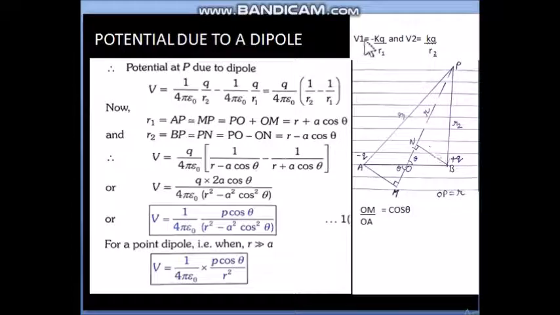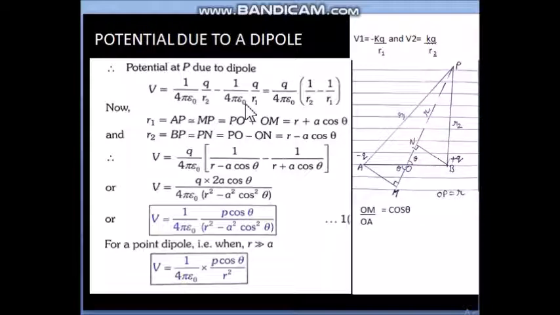Now no other charge is present, so the total potential is V1 plus V2 only. We have to simply add them to get the total potential. As we add the two, because of the minus sign, the minus will appear. So k means 1 upon 4 pi epsilon 0 times q by r1, the first potential, with a negative sign, and the second potential is positive, 1 upon 4 pi epsilon 0 times q by r2.